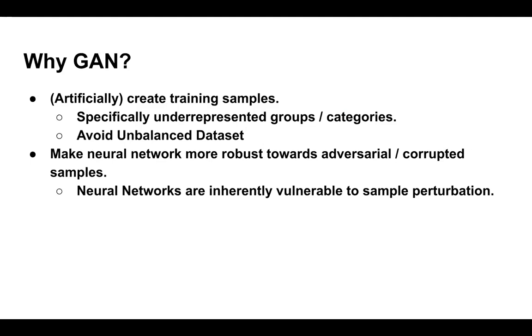Let's say you want to train a neural network that can detect whether a transaction is fraudulent, and it makes sense to infer that the ones that are actually fraudulent are very few compared to the ones that are not fraudulent.